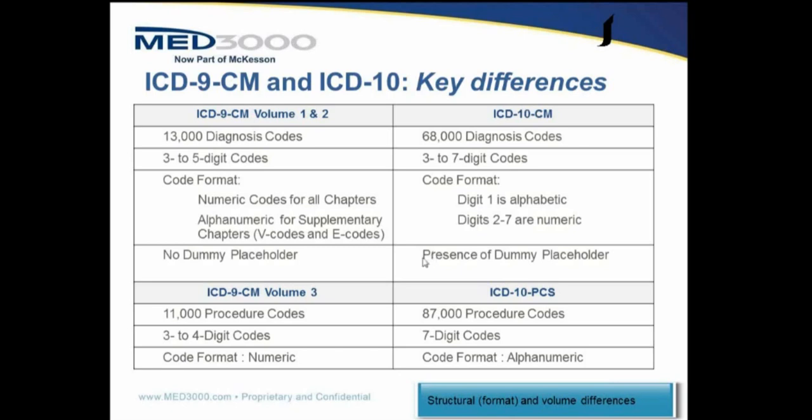In ICD-10, there'll be a dummy placeholder. Then under ICD-10 PCS, we're going to see 87,000 procedure codes, the 7-digit codes, and the format will be alpha, where previously we're accustomed to that being numeric. So this just shows an overview of what those differences will be.